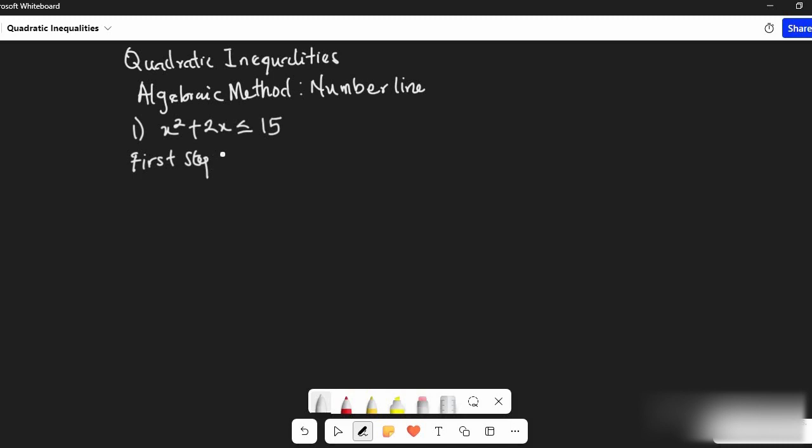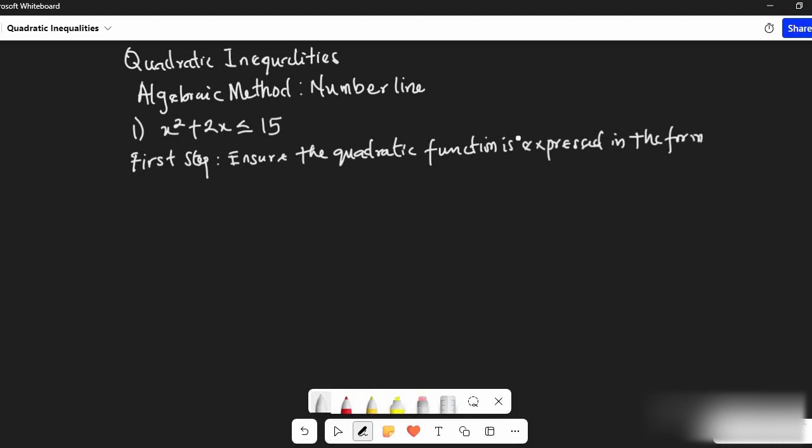The first step is to ensure that the quadratic function is expressed in the form of ax squared plus bx plus c.